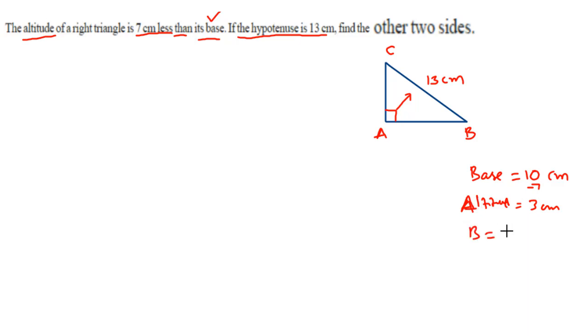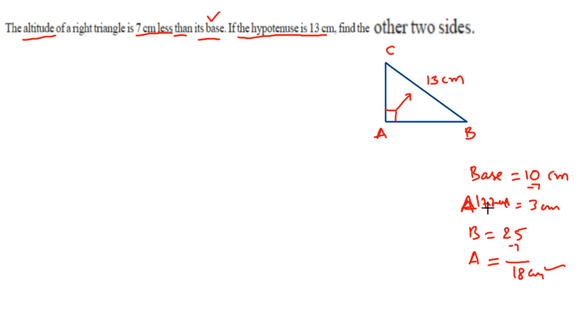And suppose if base equals 25 cm, then can we tell the length of altitude? For that what you have to do? Simply subtract 7 cm from length of the base. So what we get? 18 cm as the altitude.